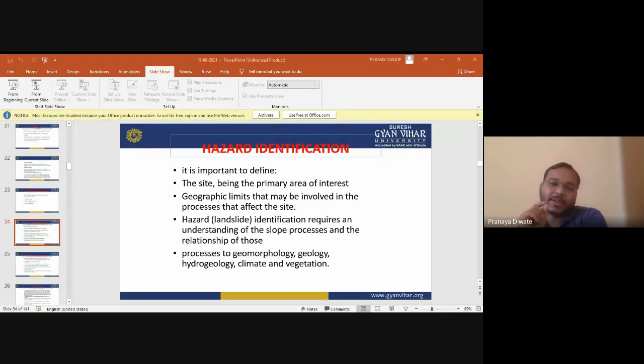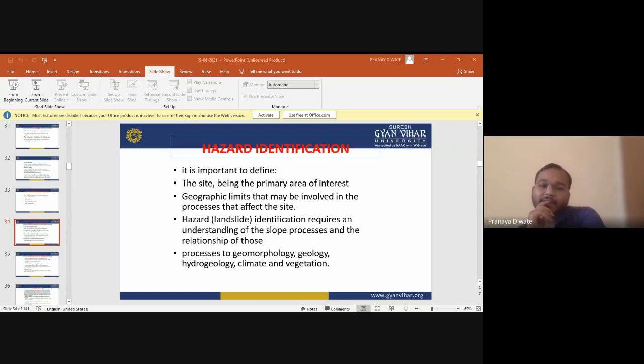Spatial probability is the probability that a given area is hit by the landslide, meaning which area is going to get a landslide. Temporal means the timing of that landslide. And size, or volume, means the extent, the size and volume, of that landslide.